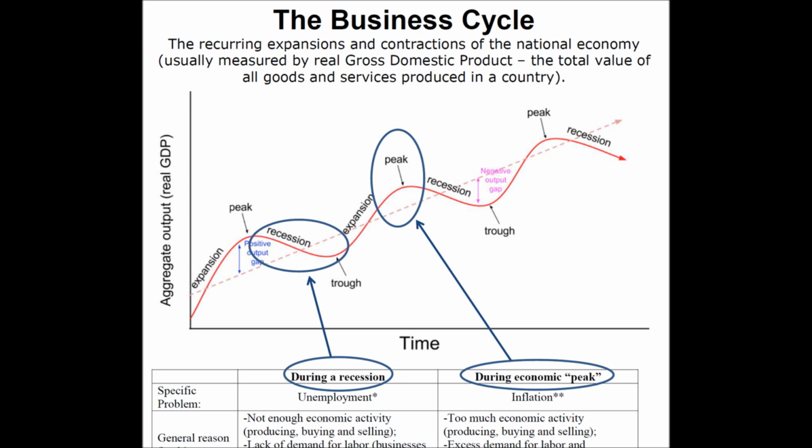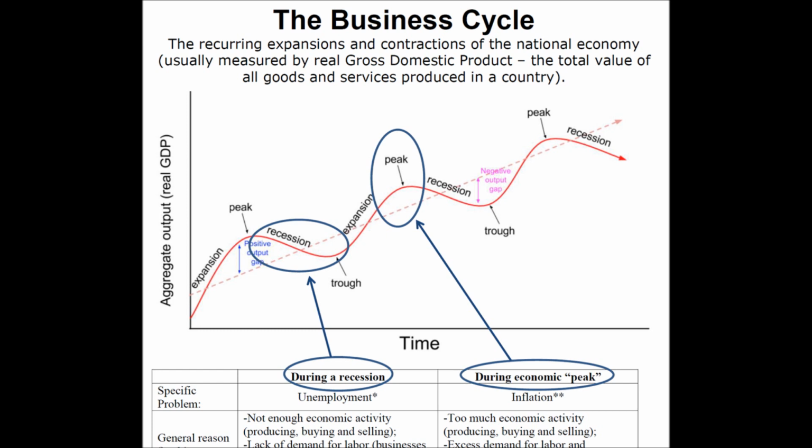You can take an actual econ course for that. But what happens in our economy is that inevitably these expansions kind of top out, and businesses start to lay off workers because they can't find customers for their products. Resources are scarce, so they get more expensive.